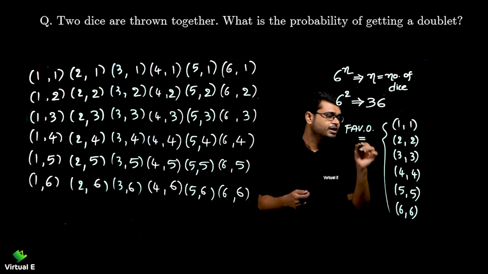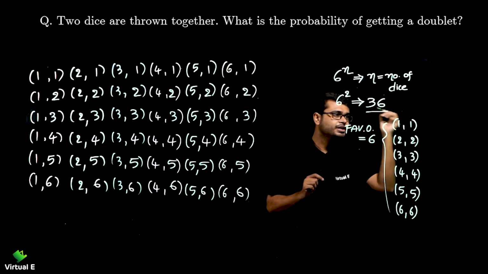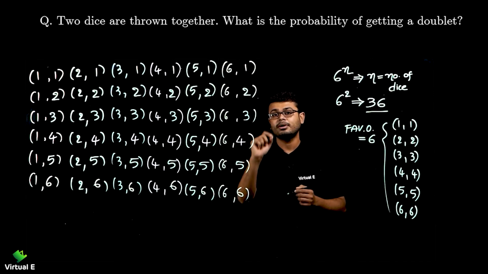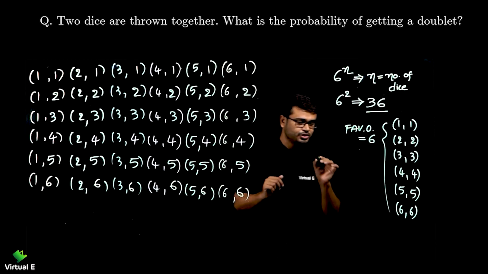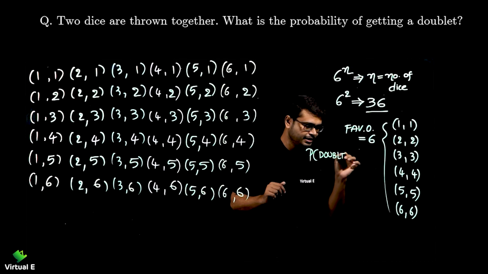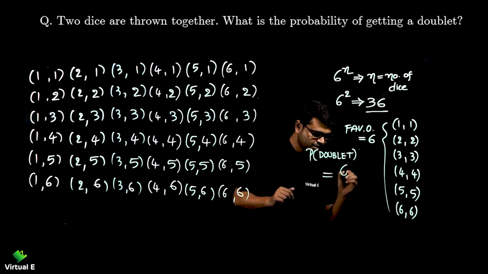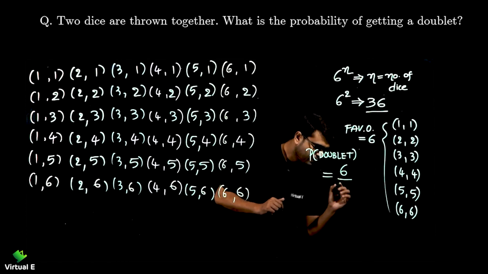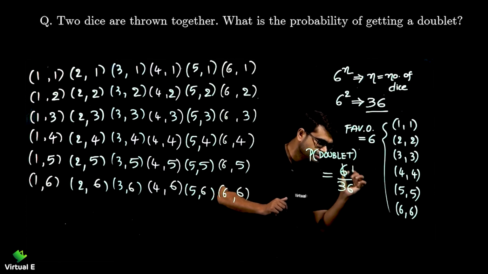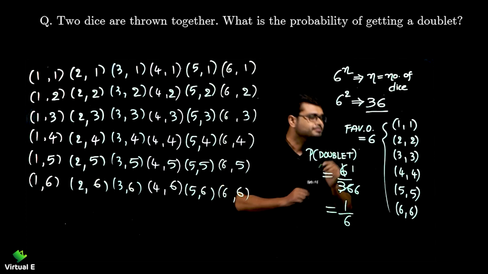Favorable outcomes are 6, and the total number of outcomes, remember, is 36. We are still talking about 2 dice. So the probability of a double is equal to favorable outcomes 6 over total number of outcomes 36, 6 ones are 6, 6 sixes are 36, so the answer is 1 by 6.